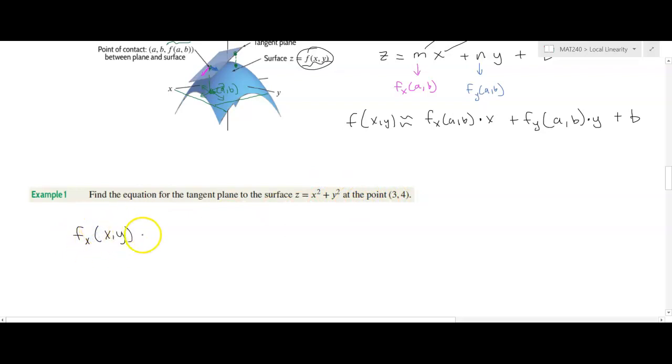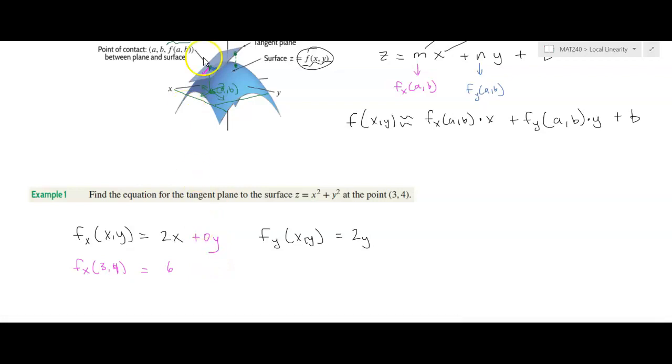So the general slope is going to be the derivative of this function, which is 2x, and f sub y at the point x, y is going to be: x squared's derivative is 0, y squared's derivative is 2y, holding x constant. And now we can go ahead and approximate these. So now we want f sub x at the point 3, 4, and that's going to give us 6. This equation doesn't depend on y, but there's no reason you couldn't write 0y if you wanted to.